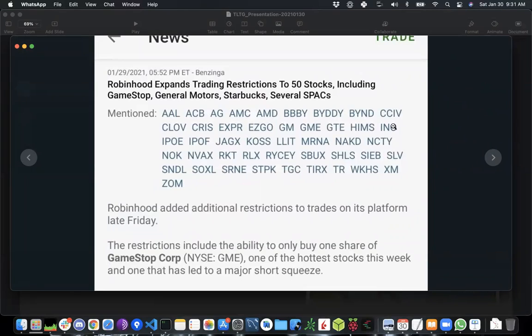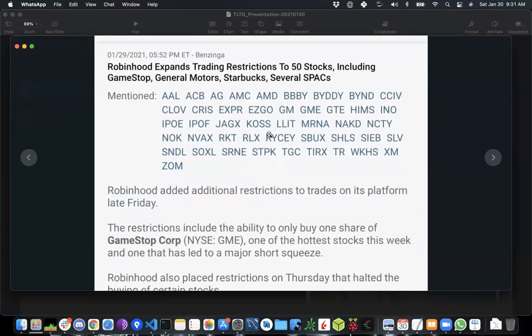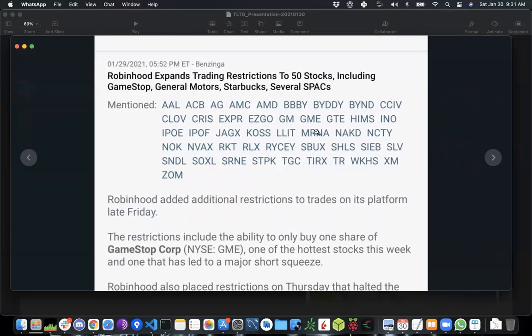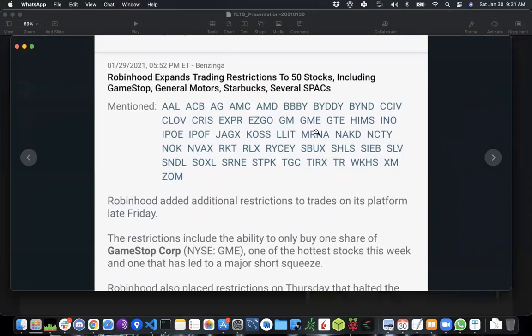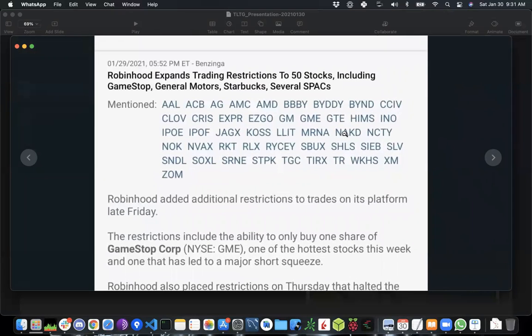INO, the electric vehicle that a lot of people have gotten into, a competitor with Tesla. Myrna, I've had since last October, and now I can't trade it. Naked took a beating. It was like the fourth kid on the list of all the Wall Street Bets: GameStop, AMC, Bed Bath & Beyond, Naked and Nokia. And Nokia and Naked took the biggest beating of all those stepchildren.